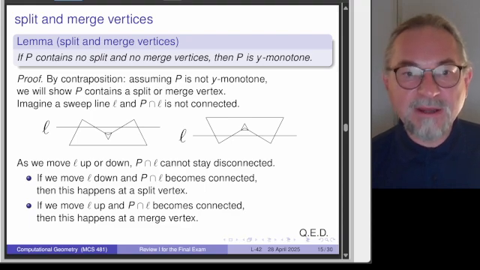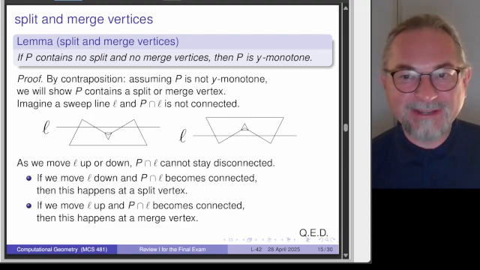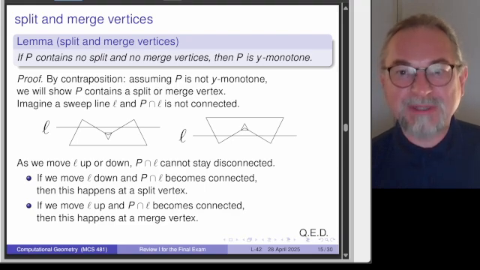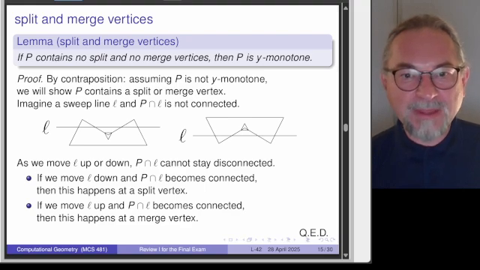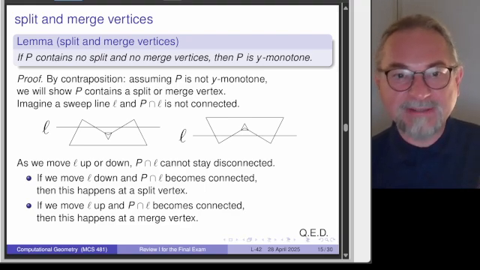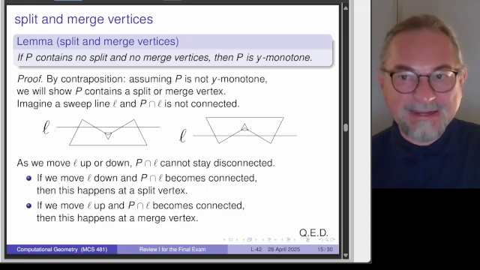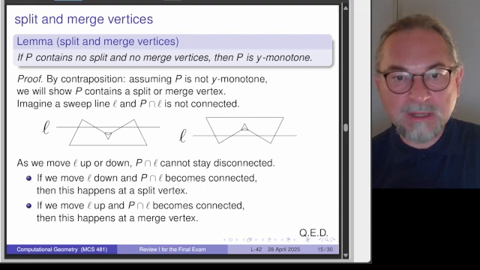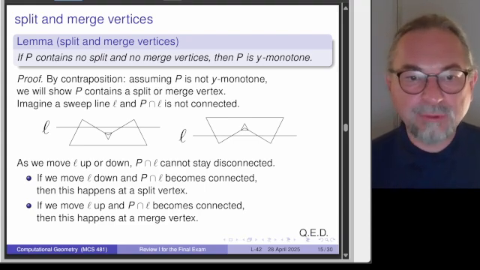So here the lemma is important, as it characterizes what it means to be Y monotone. It's formulated in a kind of negative way. If there are no split and no merge vertices, then the polygon is Y monotone. And in the proof, we see two pictures.